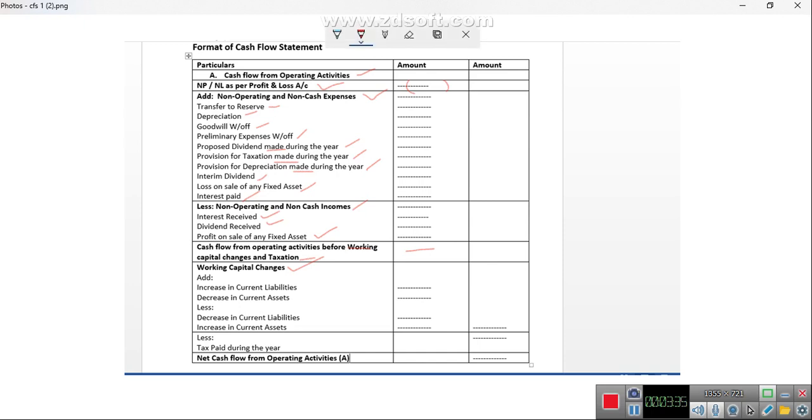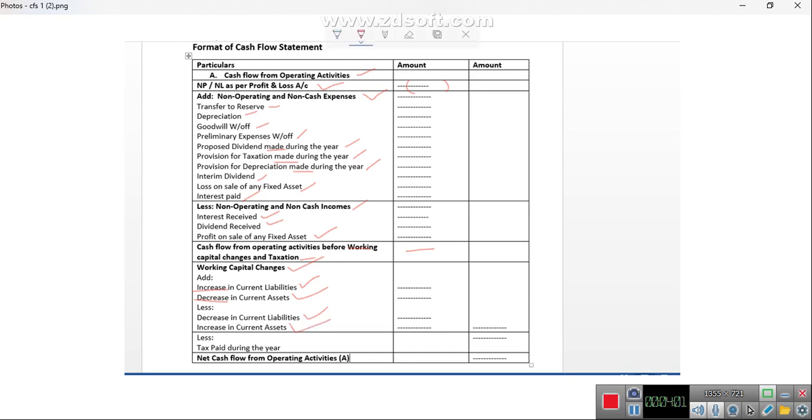For working capital changes, add if there is an increase in current liabilities or if there is a decrease in current assets. So if current assets decrease or current liabilities increase, then add back in the cash flow from operating activities, and deduct decrease in current liabilities and increase in current assets.